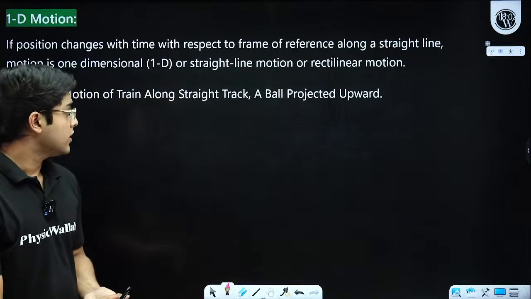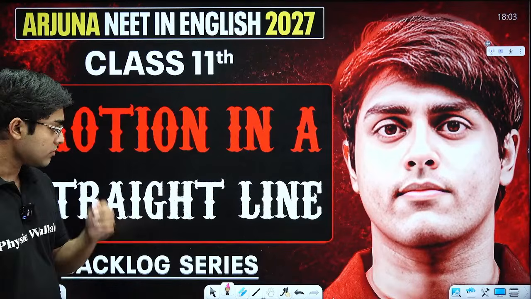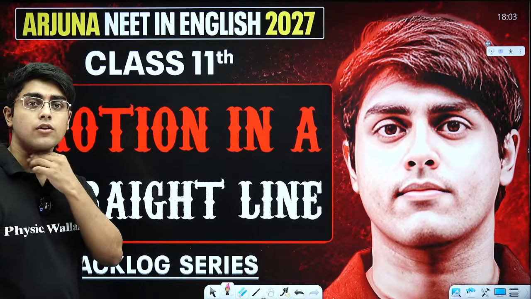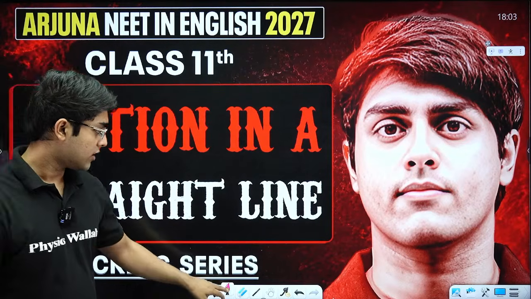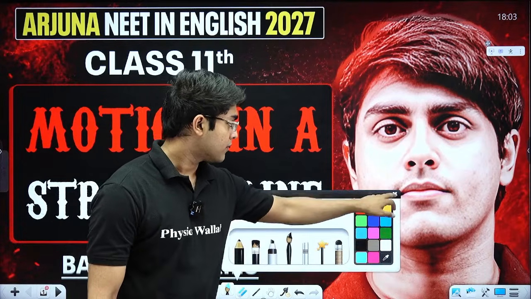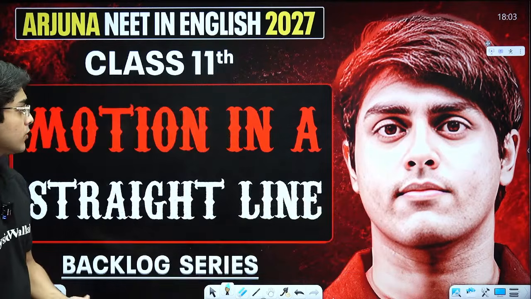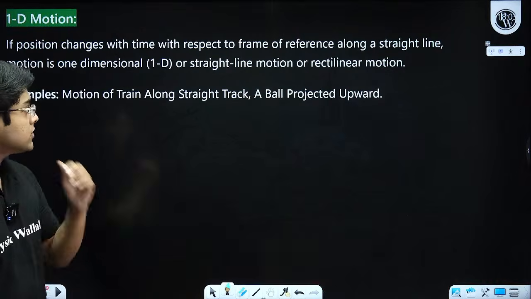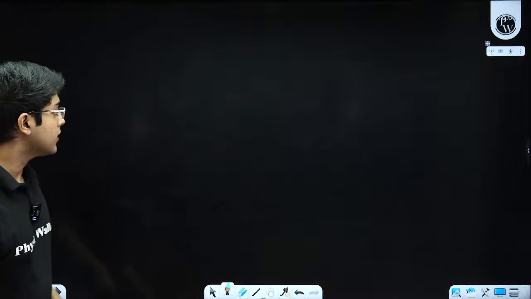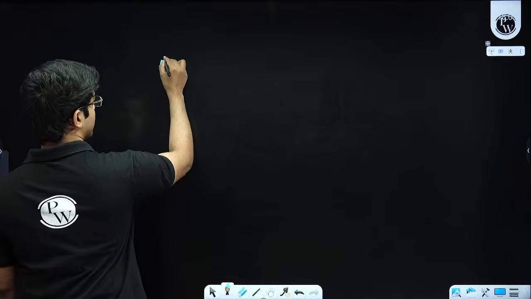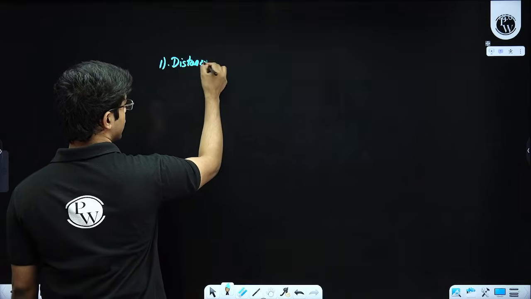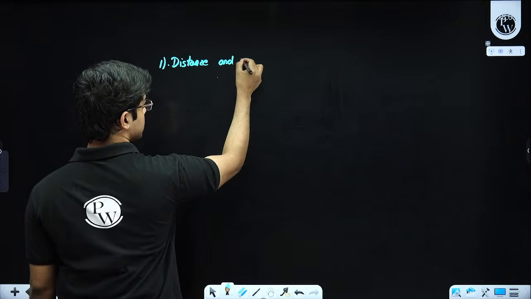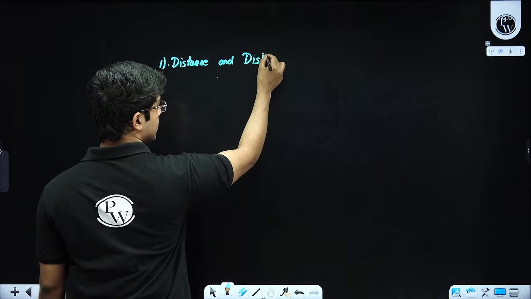Okay. So yeah. So in today's one shot, the topic is motion in a straight line. I'll tell you what we are going to cover in today's lecture. First we will begin with, as usual, distance and displacement, and we'll cover all types of problems.